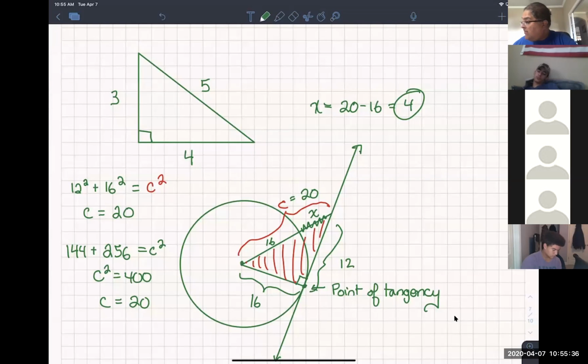So if all they gave you was this, there's absolutely no way you can find it, because you don't know a fundamental portion of the problem, which is the radius. They can give you the circumference, they can give you the diameter, they can give you a lot of other information, but they got to give you some more information for you to determine what the radius is.